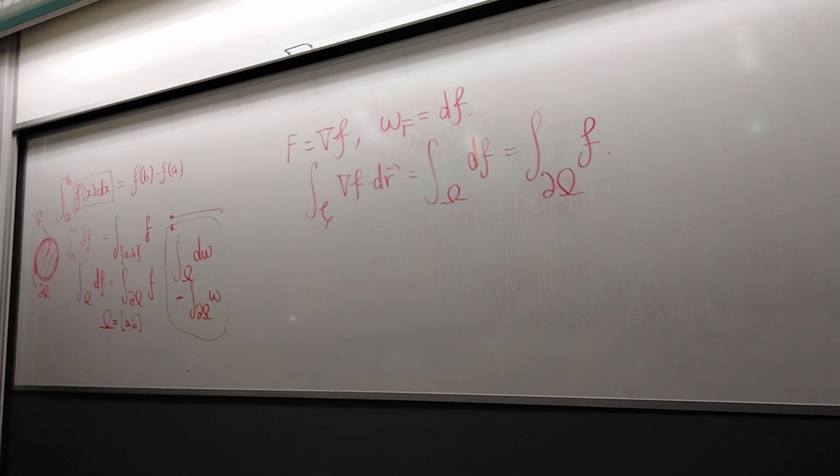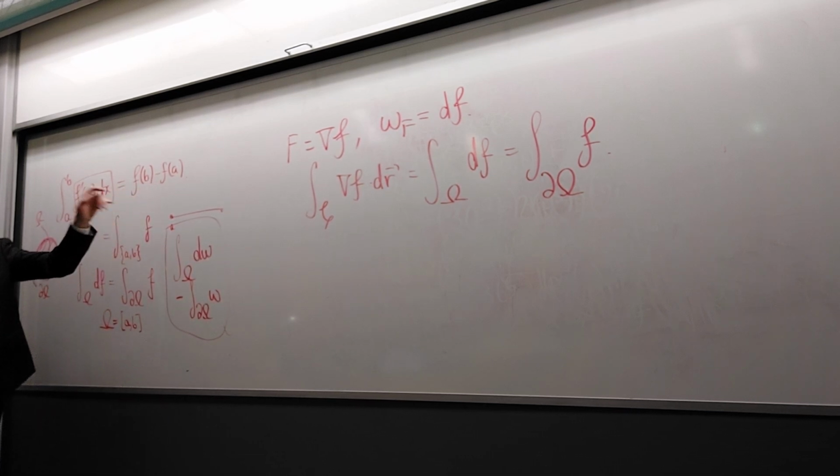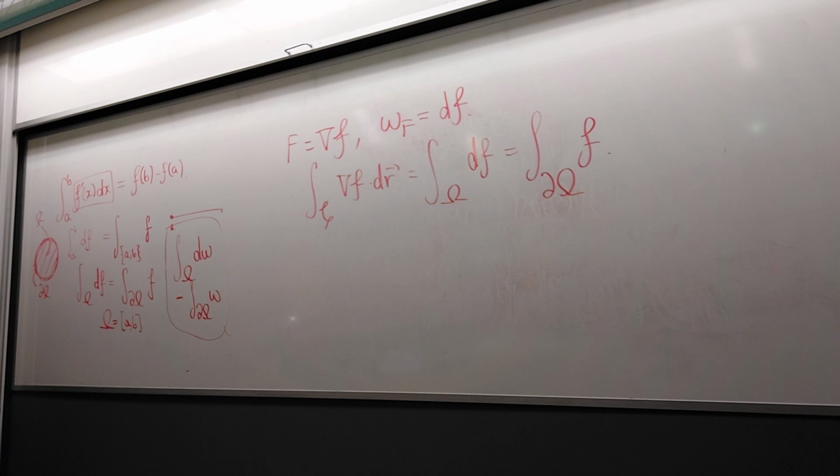Just to clarify, what does the notation mean on the second line on the right-hand side? This means the integral over the boundary, the two-point set. So it's not the whole interval, it's just the endpoints. And by definition, it is this. This is a heuristic argument, so this is an illustration of the statement here. Does everyone agree with that?